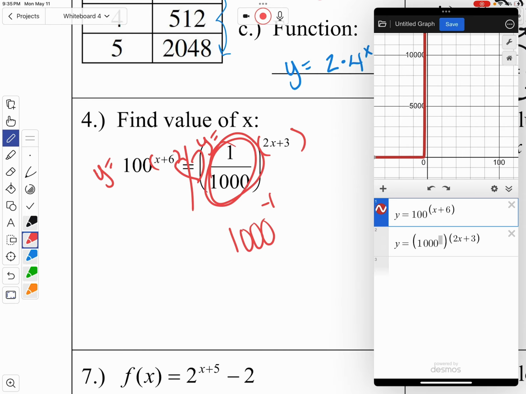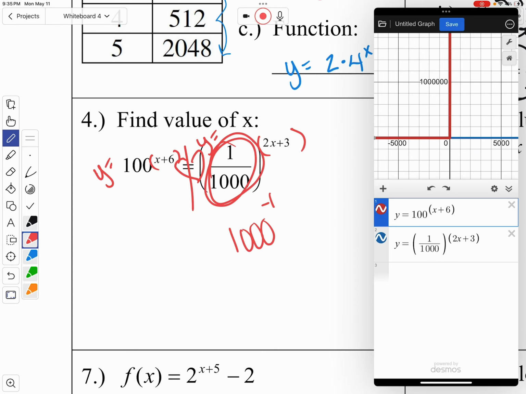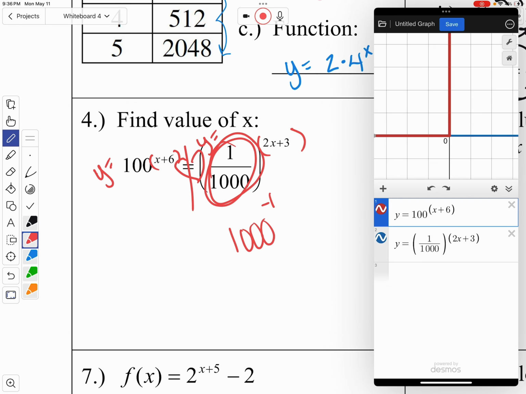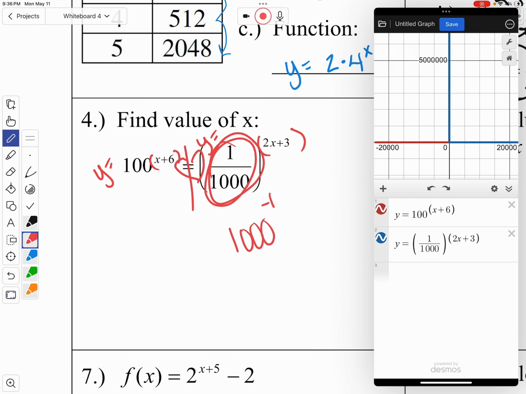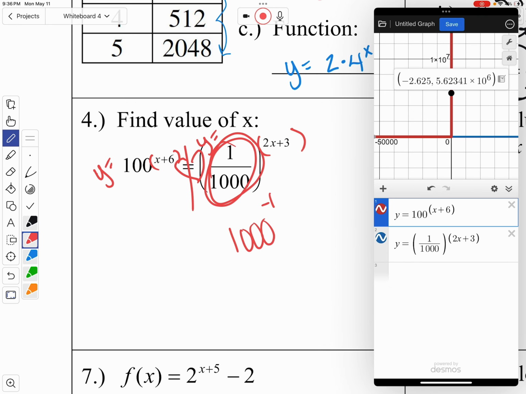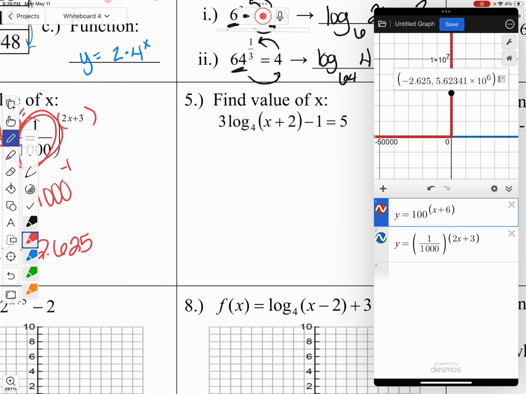Again, you could have done it if we kept it the same. I just hadn't zoomed out far enough. Oops, there we are. There's that gray dot. It does say the x value, so negative 2.625. So again, you have to zoom out a long time to be able to find those answers.